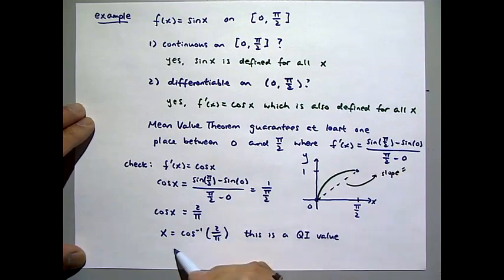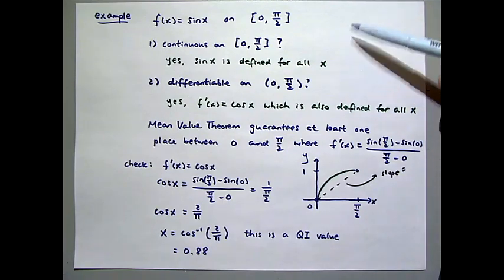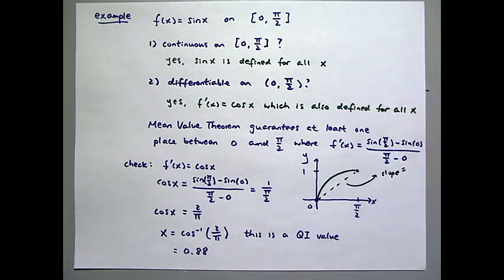And if you have a calculator, you can find it turns out to be 0.88 or so. Pi over 2 is 1.57 or so. So that's about halfway between the two, a little bit less than halfway. Okay, again, this seems obvious, but once you've seen a picture, it is obvious. All it is saying is that we can use the information about the properties of the graph and the shape information to make that determination.